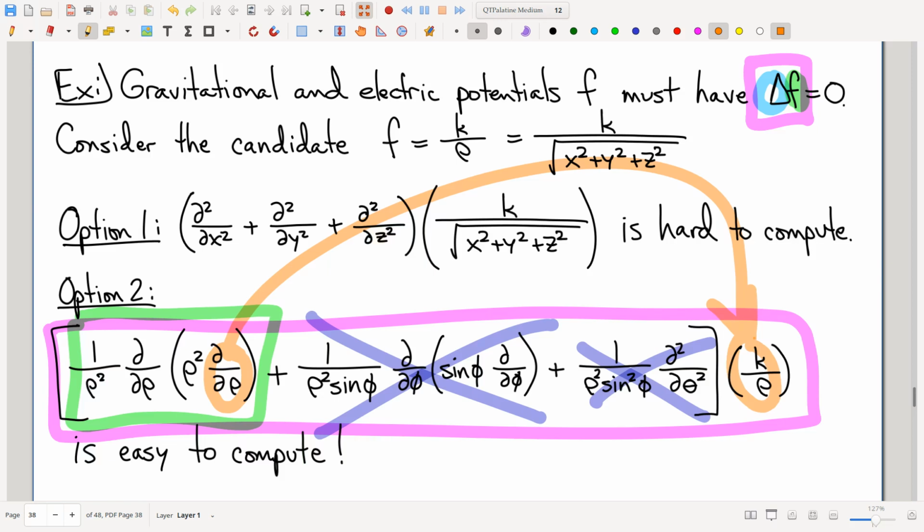So constant over, don't worry about the details, constant over rho squared, which we are then multiplying by rho squared, which makes this a constant, and therefore this derivative is 0. And that disappears, and poof, gone, done. Confirmed, we have a solution to Laplace's equation.